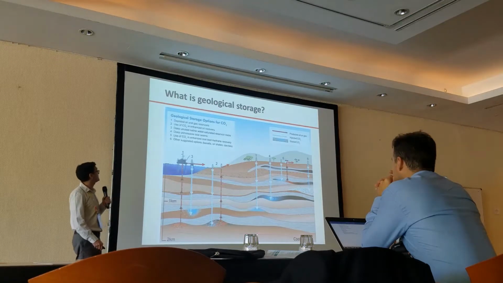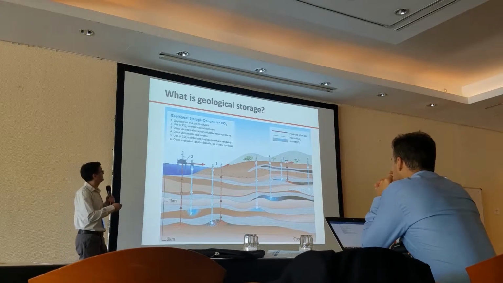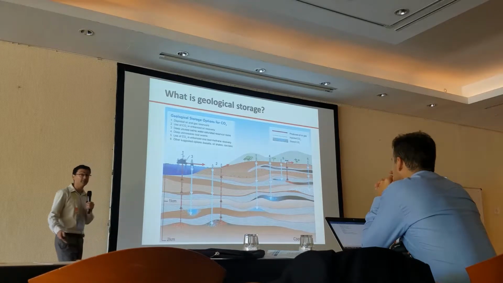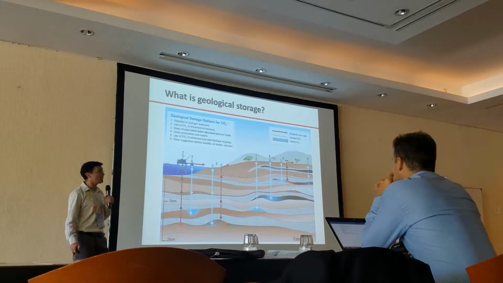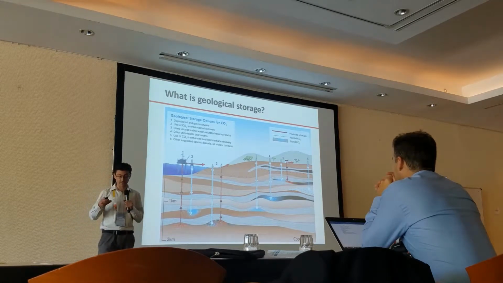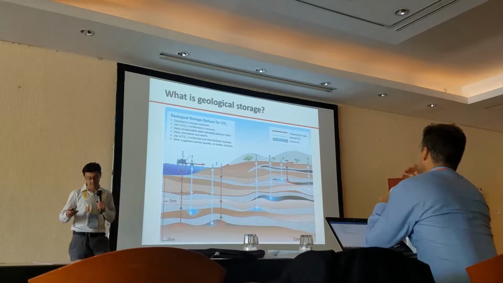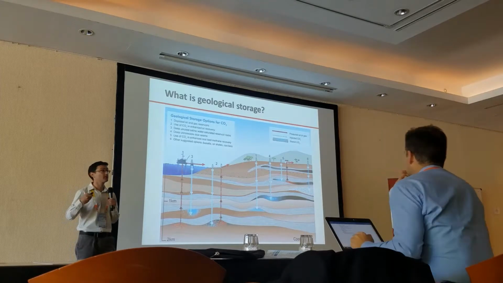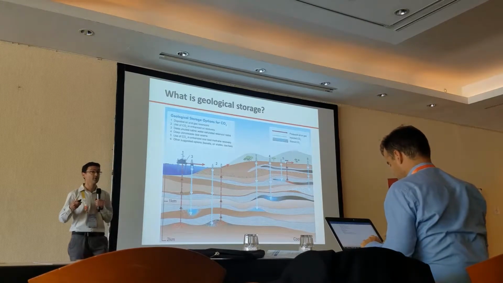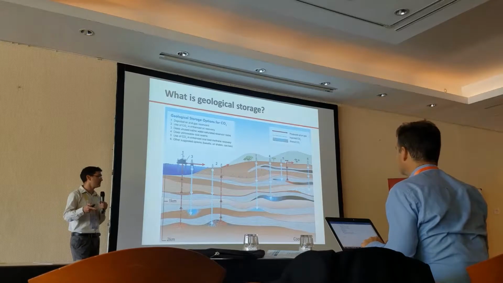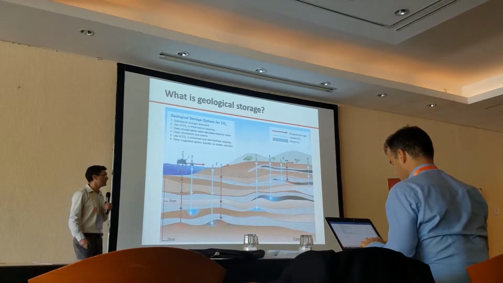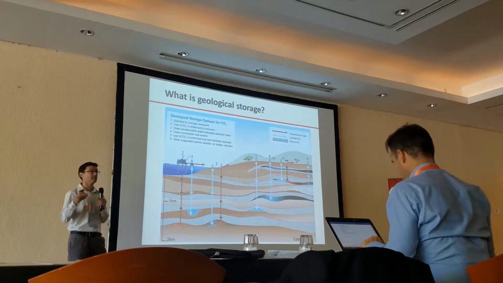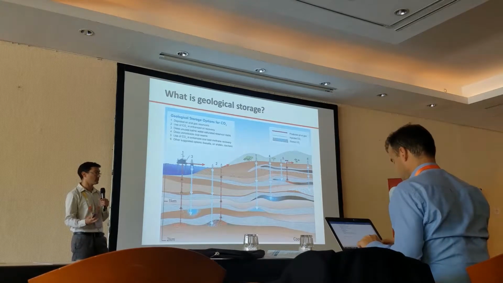Other possibilities are unminable coal seams and depleted oil and gas reservoirs. Another popular option, which is also financially viable, is enhanced oil recovery injection, where the CO2 is injected into an oil field, and then it enhances the production of the oil. And this can be done in combination with storage, so storing the CO2.